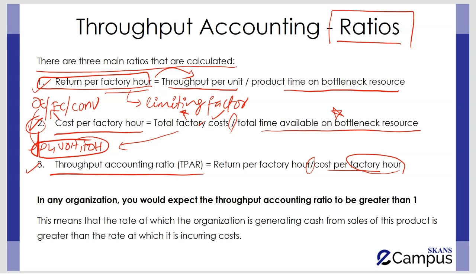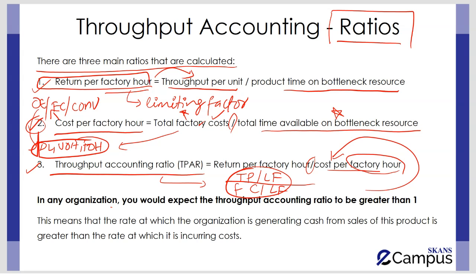So you can put this formula another way by saying that the throughput accounting ratio is throughput contribution per limiting factor divided by the factory cost per limiting factor. This formula is exactly equal to the formula given in the slide. However, the formula on the slide assumes that factory hours are the limiting factor, and most of the exam questions do have factory hours as the limiting factor.